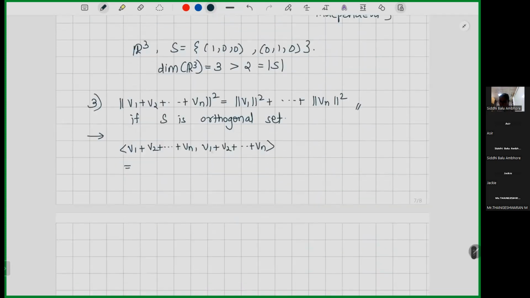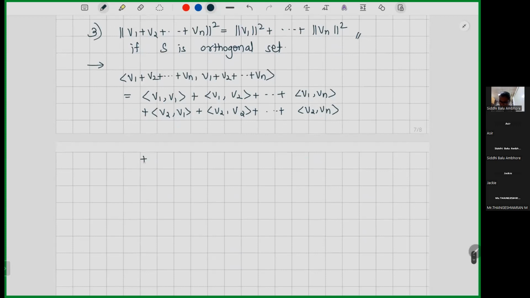Since the coefficients are all 1, this becomes v1 comma v1 plus v1 comma v2 plus so on up to v1 comma vn, and for the second, v2 comma v1 plus v2 comma v2 plus v2 comma vn, and so on, plus vn comma v1, vn comma v2, up to vn comma vn.